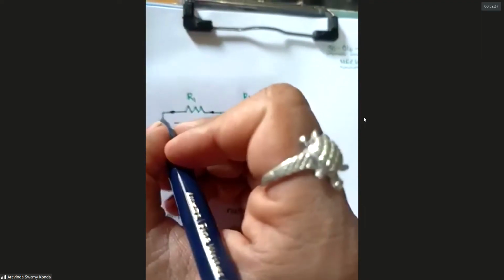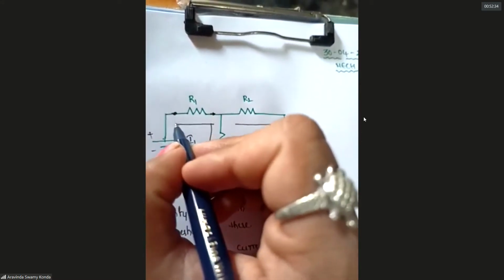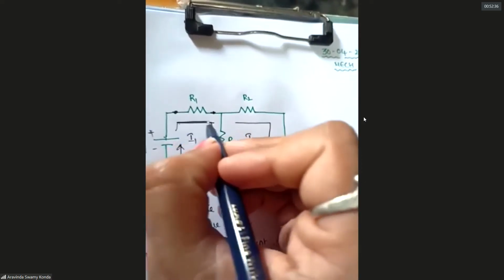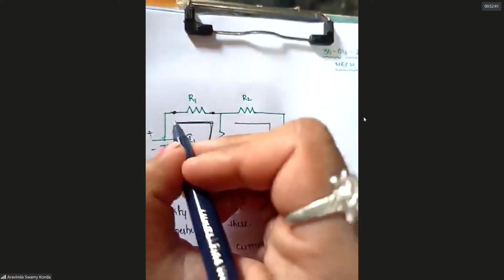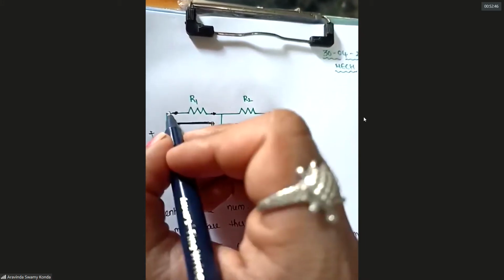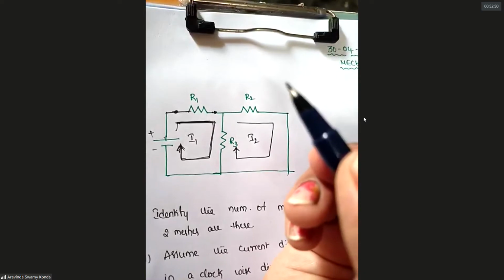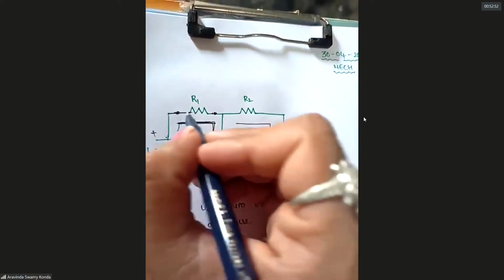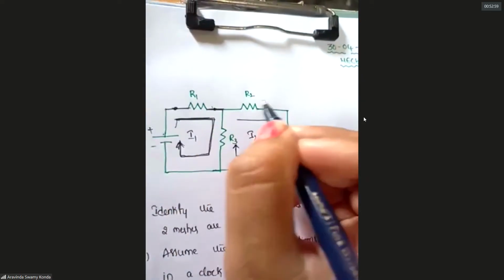For your first element you are connecting the source, and second element you are connecting to the other elements. So what is the current direction you are assuming? The current direction you are assuming like this. Taking the reference of the current direction, current enters R1 in this way. Am I right? Current is entering R1, and from this node the current is leaving R1 and entering the other one.